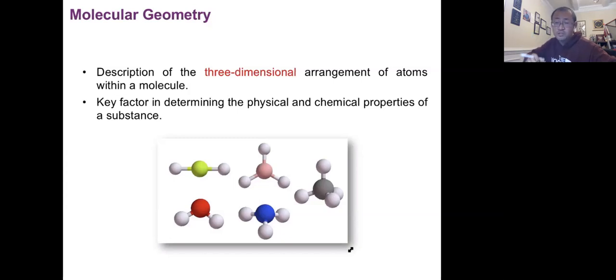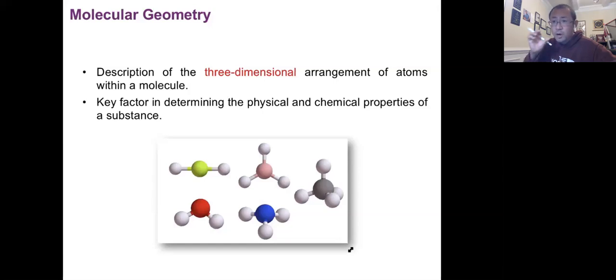Because when we draw a Lewis structure, on a screen or on a piece of paper, those are 2-dimensional backgrounds. But molecules are not necessarily 2-dimensional. Molecules are 3-dimensional objects. So based on the Lewis structure, we first want to know what the molecules really look like in a 3-dimensional way. And we call that the geometry of the molecule.